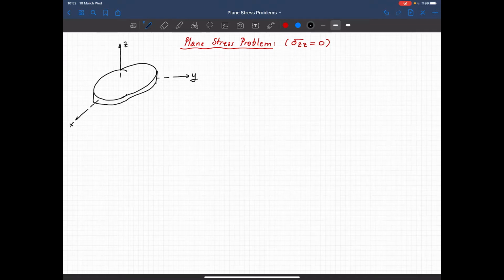And we are saying that this member can have stresses in the xy plane, in the in-plane directions, but the stresses in the z direction are equal to 0. So if we are looking only at uniform stresses in the xy direction, we can idealize that member as follows.